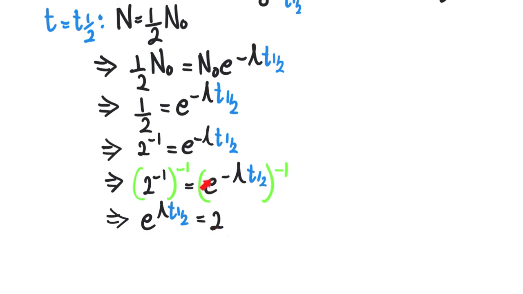On this side, e to the negative lambda T1/2 to the negative 1 is the same as e to the negative lambda T1/2 times negative 1. A negative times a negative gives us a positive. Lambda T1/2 times 1 is lambda T1/2. So there now we have this equation.